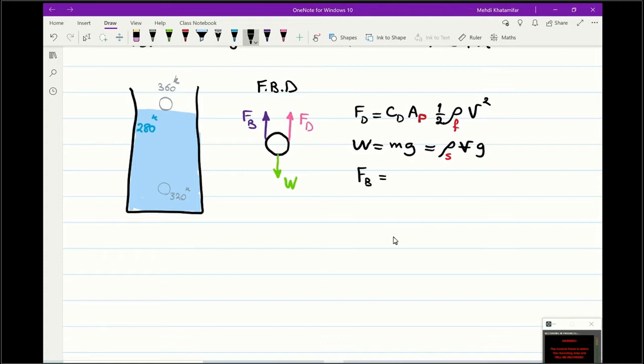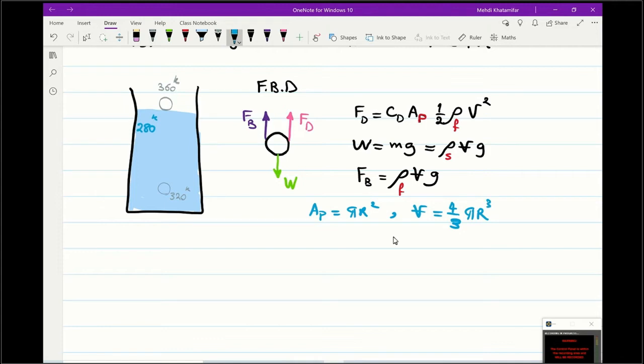Again, from ME 2512, you know that buoyancy force is rho V g, and this rho is for the fluid. Let's write down that the projected area is pi r squared, and the volume of a sphere is 4 divided by 3 pi r cubed.